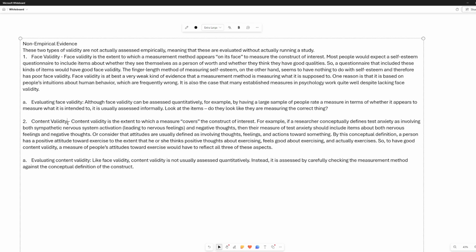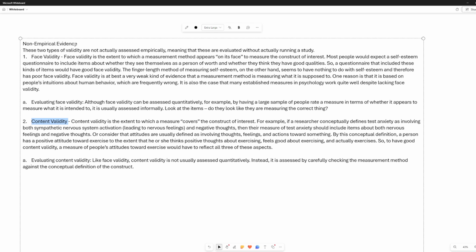The next one is content validity. This is another non-empirical type of validity. You can do this just by looking at the items as well, but here you're asking, does this cover all of the different pieces of this thing that we're trying to measure?